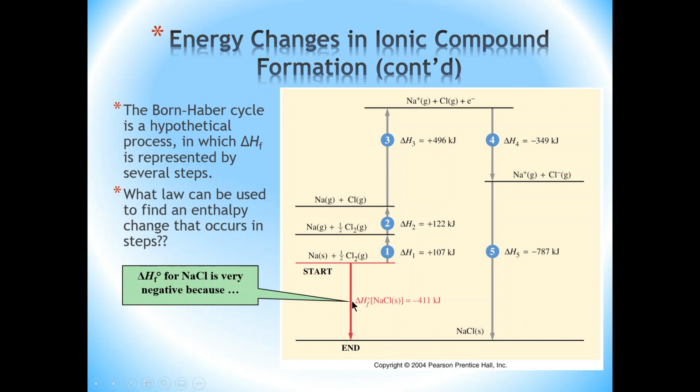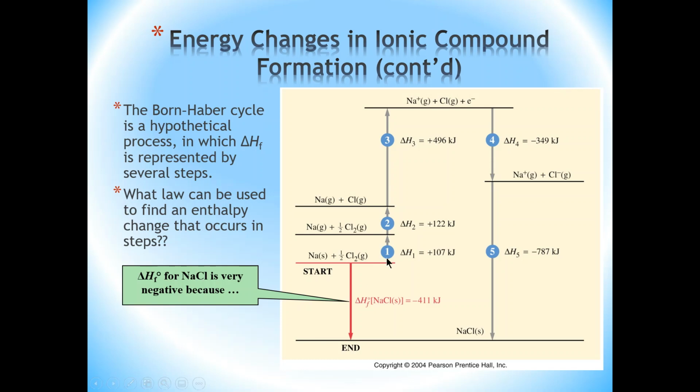Okay, so with that said, let's proceed. We're starting from sodium and chlorine here. And you'll notice that the first step involves converting sodium in a solid state to sodium in a gaseous state. By definition, going from the solid state to the gaseous state is called sublimation. So the enthalpy change that is required for that is called the enthalpy of sublimation.